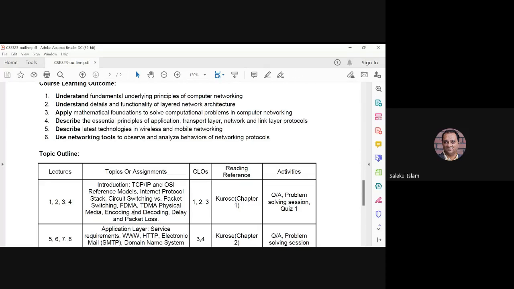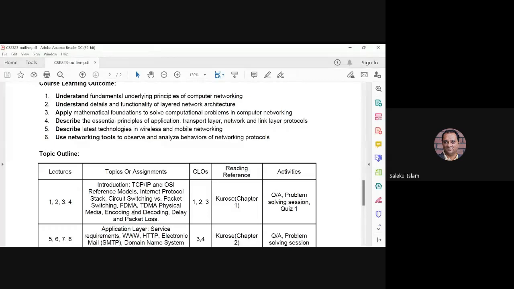Because I'm not typing any address, I'm typing just a human-understandable name, because we know that uiu.ac.bd means we are talking about some website of UIU. So there might be some translation from the name of the website to the actual server. So there is some connection. So how do these things happen? We want to teach those things here.